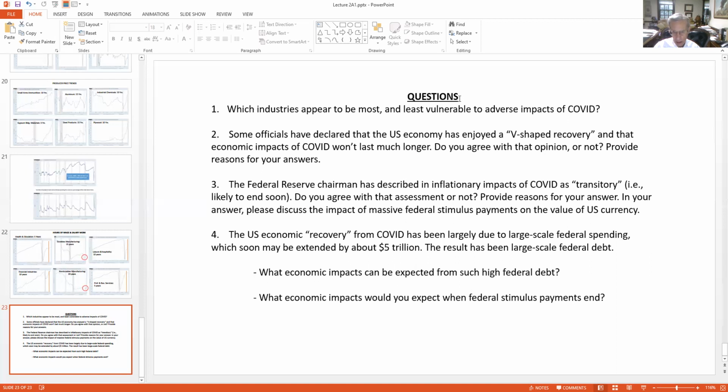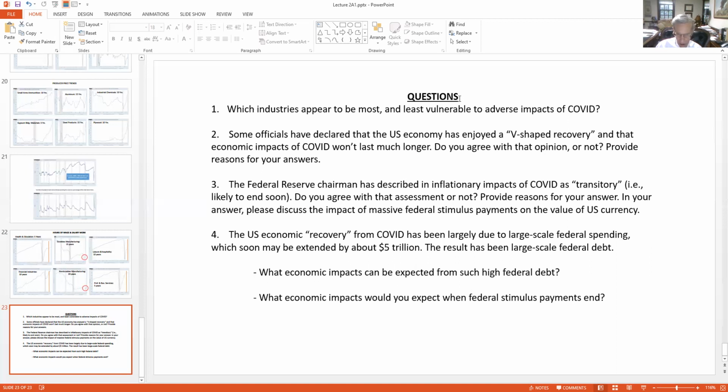But more than that, if the federal debt is as high as it is, won't that make it difficult for the federal government to fund other necessary expenditures, for instance, for defense?